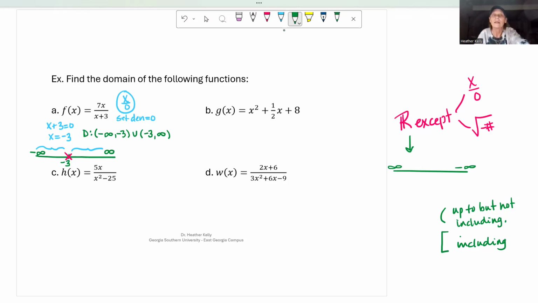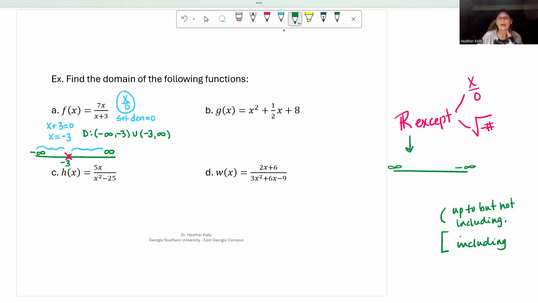And then in this other set, from negative 3 to infinity, negative 2.999999999999999 as far out as you want to write is included in that part of the domain, but negative 3 is not included in the domain because at negative 3, that makes that bottom 0, and that makes that undefined. Okay? All right, so that's what the domain is. Let's look at the next one here.